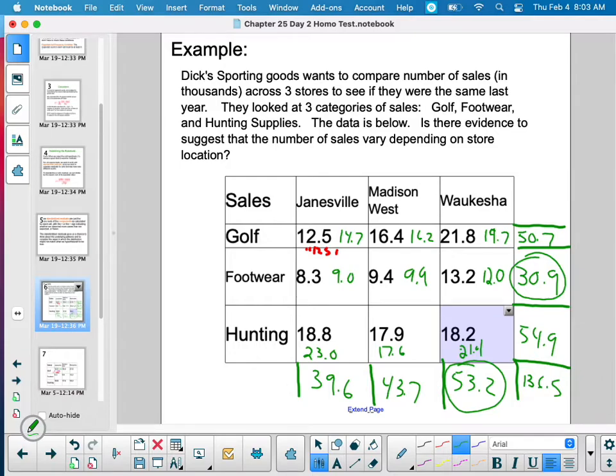All right, so now we're going to go back to our matrix menu and put in matrix B. Make it 3 by 3. Got to hit the right buttons. There we go. Edit it, and put our expected values in there.